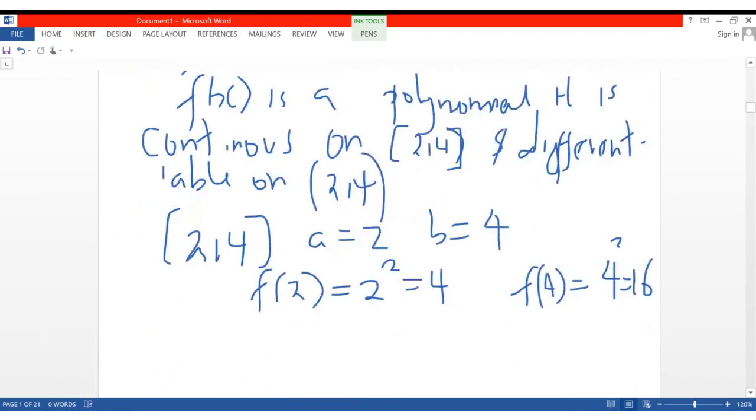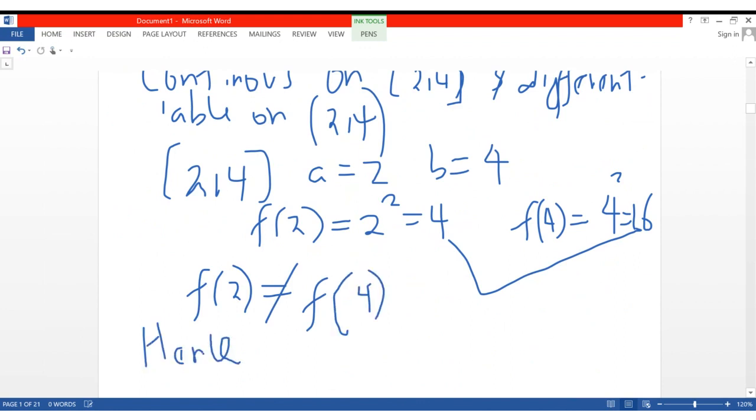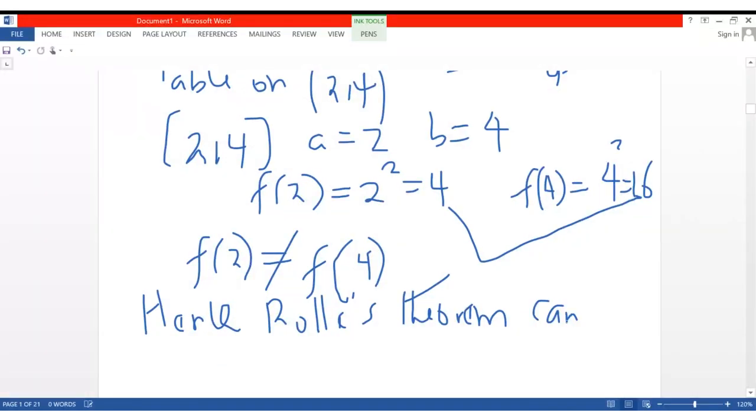These two, are they equal? No, they are not equal. So you can conclude that f of 2 is not equal to f of 4. Hence, Rolle's theorem cannot be verified.